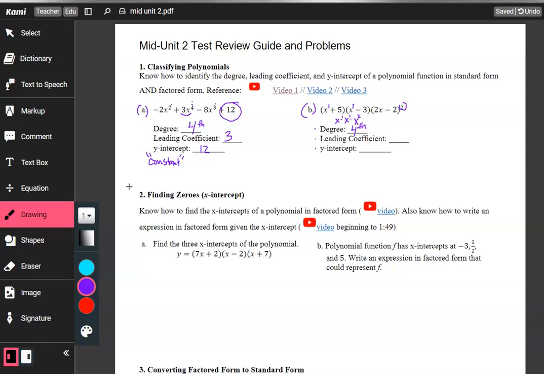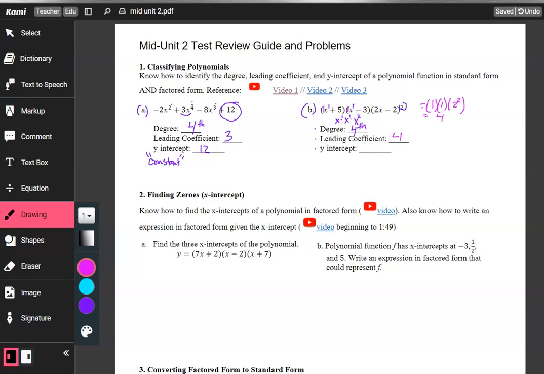Okay, and the leading coefficient, you will need to multiply the coefficients on the variables. So you would multiply the 1 times, there's a 1 right here as well, times, there's a 2 here, however it's squared, so it's 2 squared, so this would be 4.